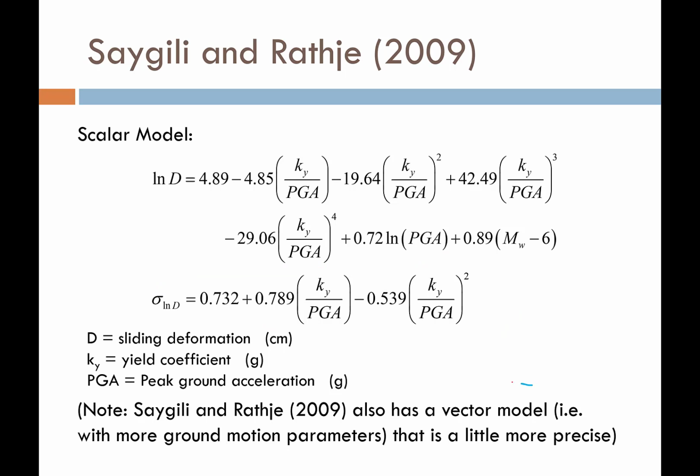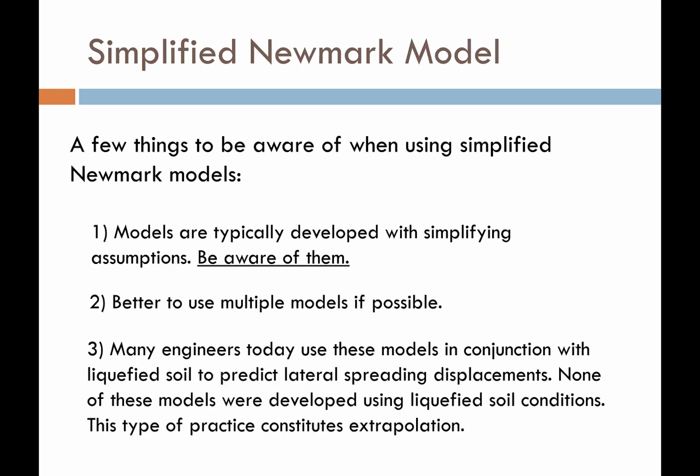Okay, so as I mentioned before, this Saygili and Rathje has vector models that are more precise with less uncertainty, but you have to account for other ground motion parameters like peak ground velocity or Arias intensity in addition to the PGA. So we're just going to focus on the scalar model for this class.